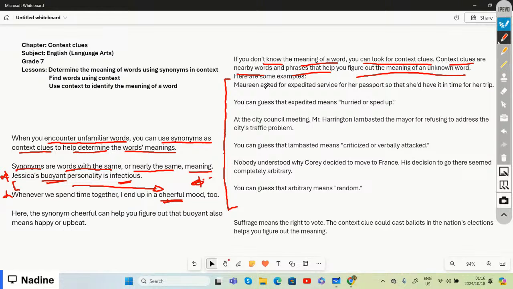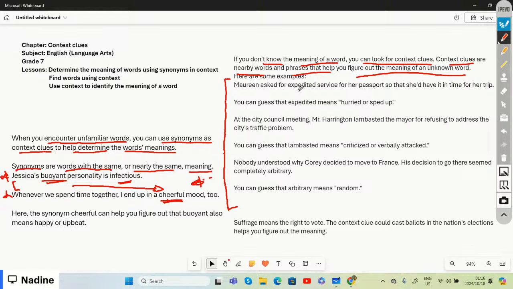It says Maureen asked for expedited service for her passport so that she'd have it in time for her trip.